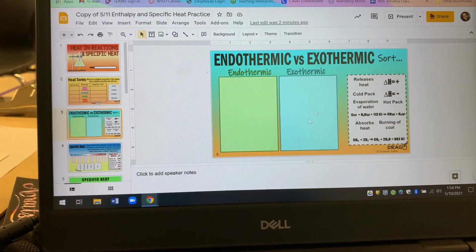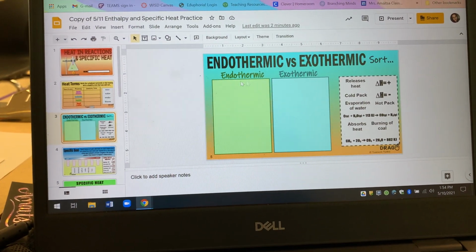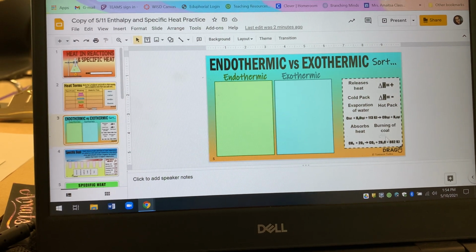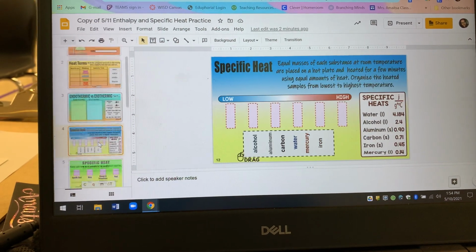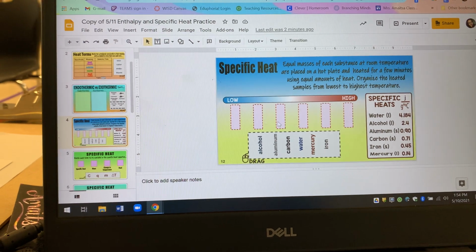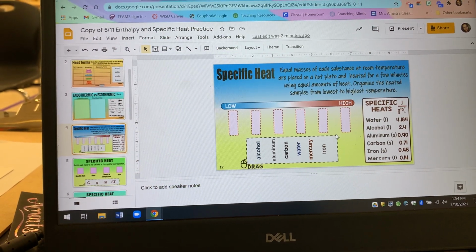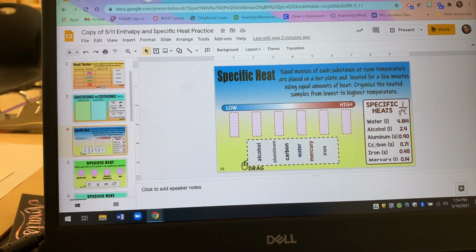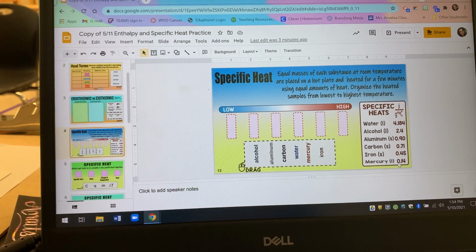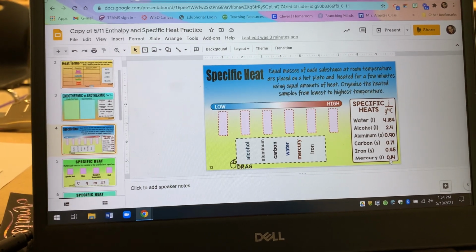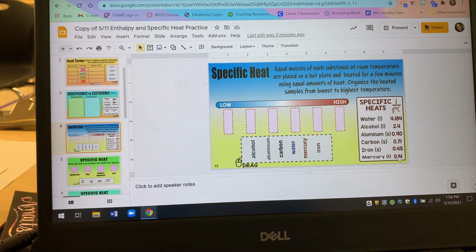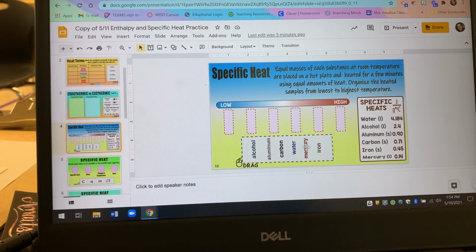This slide should be pretty straightforward. You're dragging these into either exo or endothermic. You will need your notes from yesterday for that. Specific heat, even if you don't really know what this is, guys, it gives you the specific heats, and you just put them in order. So if mercury has the lowest specific heat, where do you think mercury is gonna go?